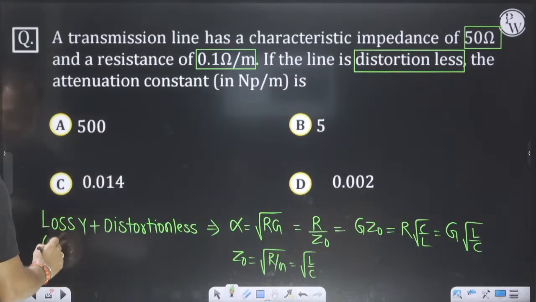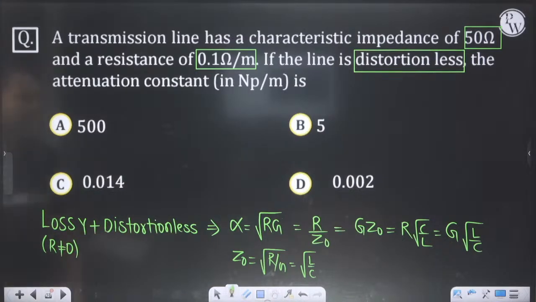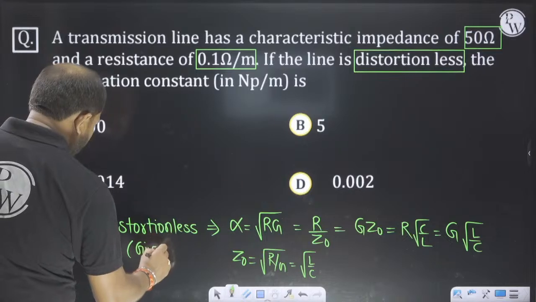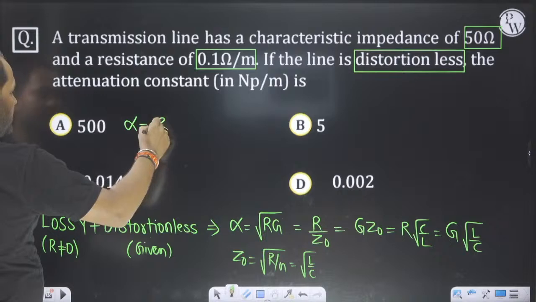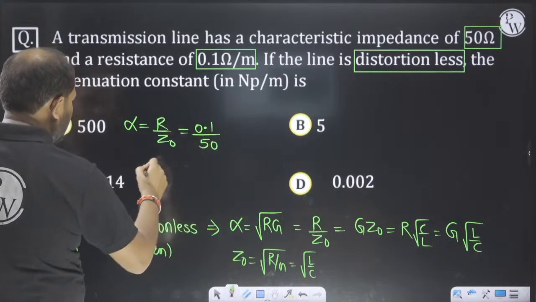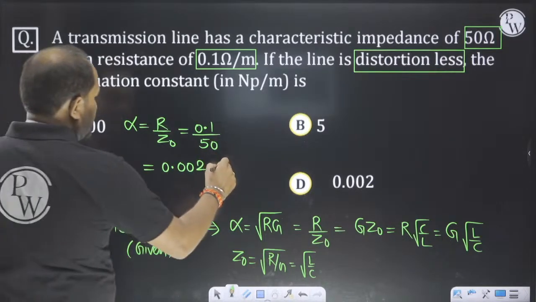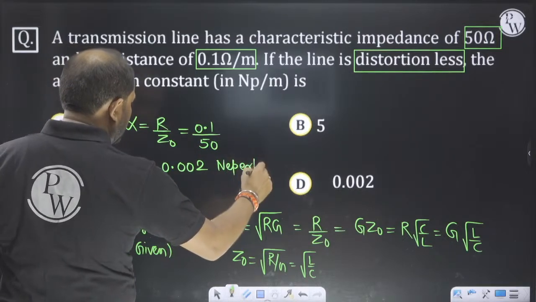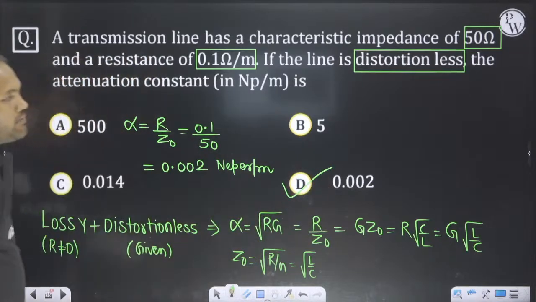It is lossy because R is non-zero, and distortionless is given in the question. So alpha will be R upon Z0. R we know is 0.1, Z0 we know is 50, so it will be 0.002 and unit is Neper per meter. So our answer will be C. It is a very easy, formula based question.